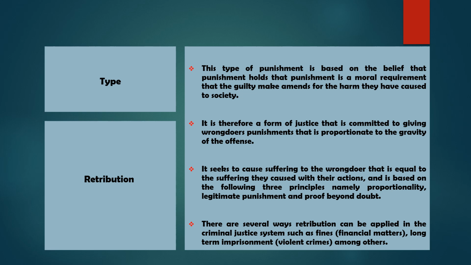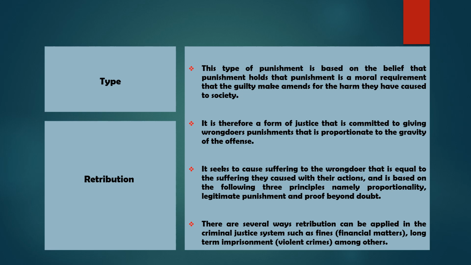For instance, if somebody kills an individual and then the person is given a fine of a very small amount of money, then the question is, what do our laws say regarding a given type of punishment? Is the kind of punishment meted on that person the one that is prescribed in law? If not, then there will be an element of illegitimacy, so that punishment that is given out must be that which is provided for in the regulations.